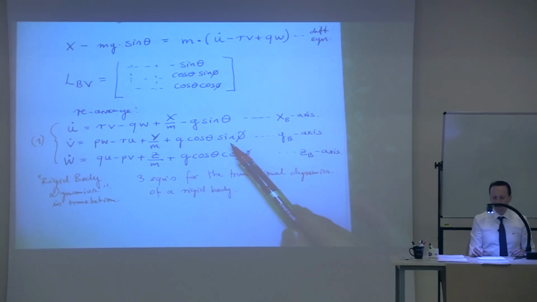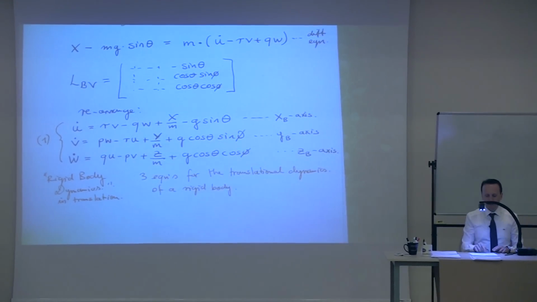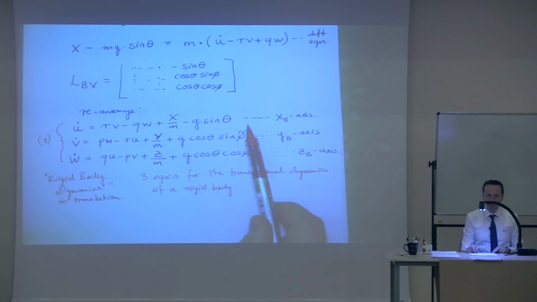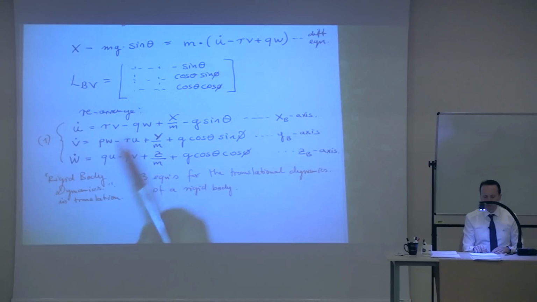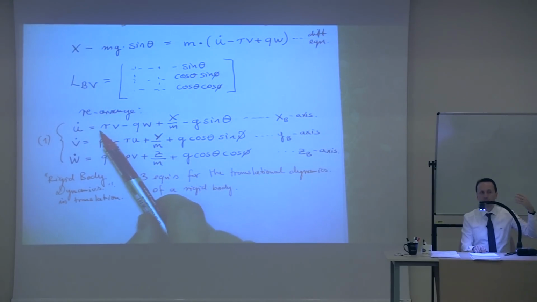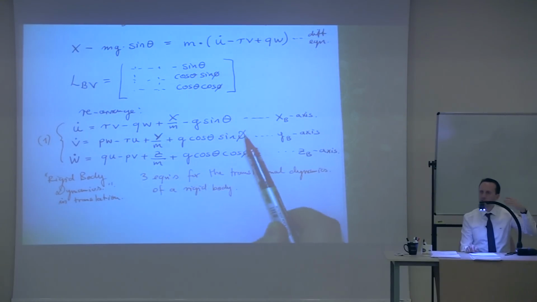Also remember that theta and phi are in time, of course. This is an equation that defines what the airplane would do in the x-body direction as time goes by. So if the airplane has a p or a q or an r, an angular velocity, it would also change theta, phi, and psi as time goes by, isn't it?